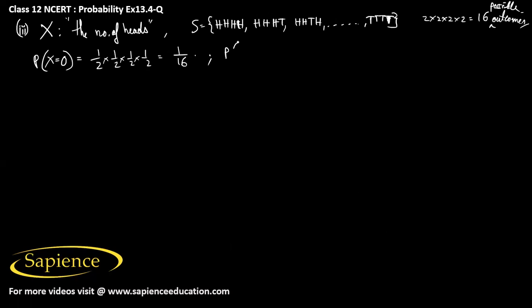And similarly, P of x equal to 1 means I should get 1 head. In the 4 tosses, any one can be head, so I will do 4C1 times 1 by 2 whole power 4. That would be 4 into 1 by 16, so 4 by 16, that is 1 by 4.